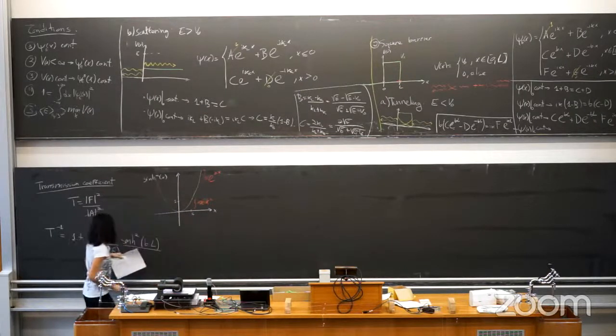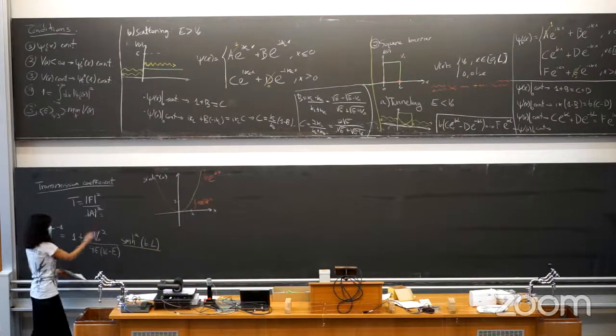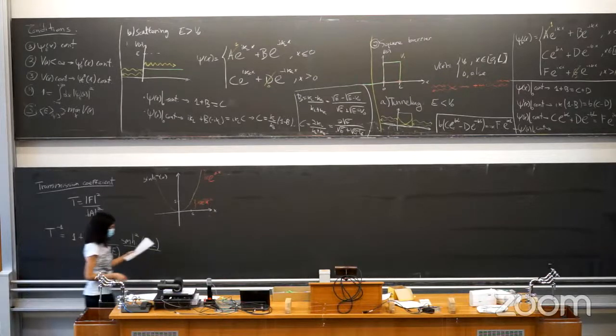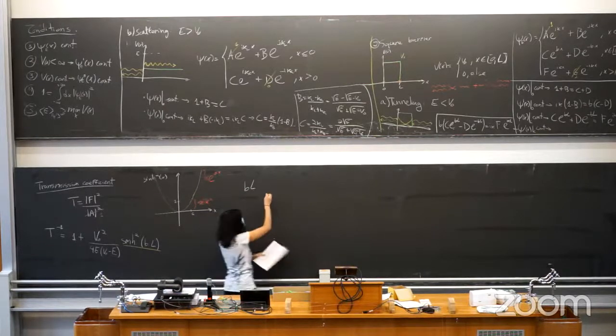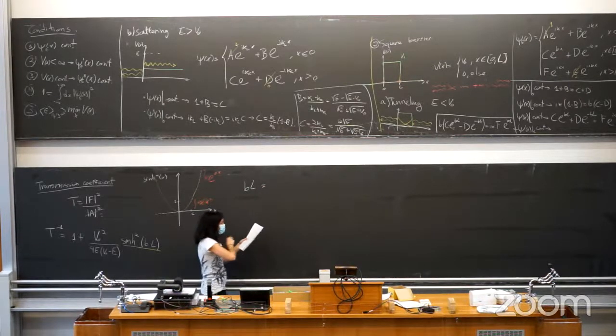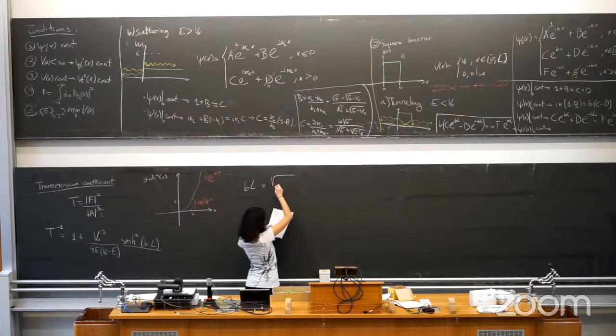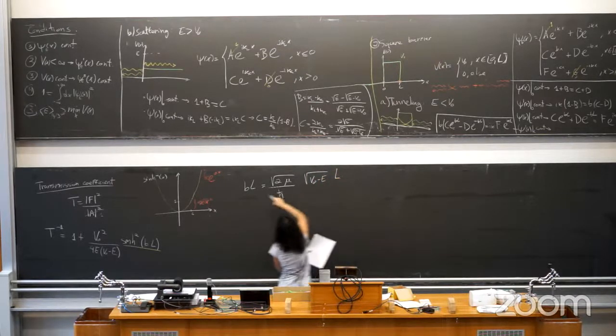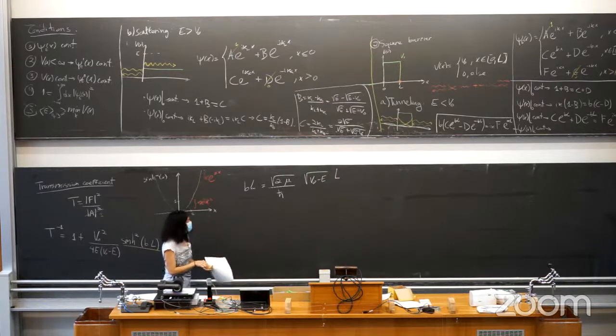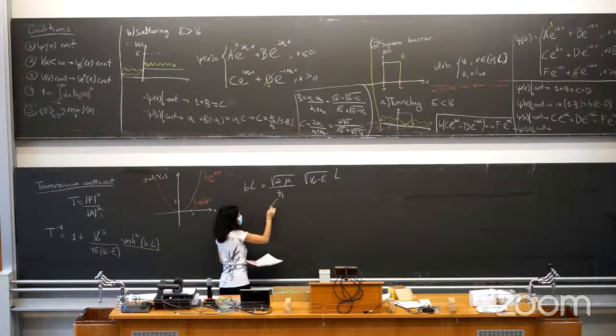Now, in order to have some idea of what to take away as a lesson from this quantity, let's look at what orders of magnitude we have here. Suppose it's an electron. So BL was what? B is 2 square root of mu divided by h bar, square root of V0 minus E, and then everything multiplied by L. So h bar is of the order of 10 to minus 34.